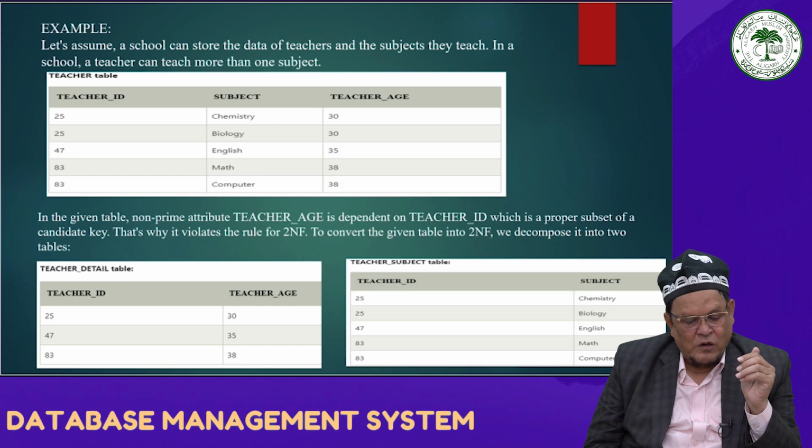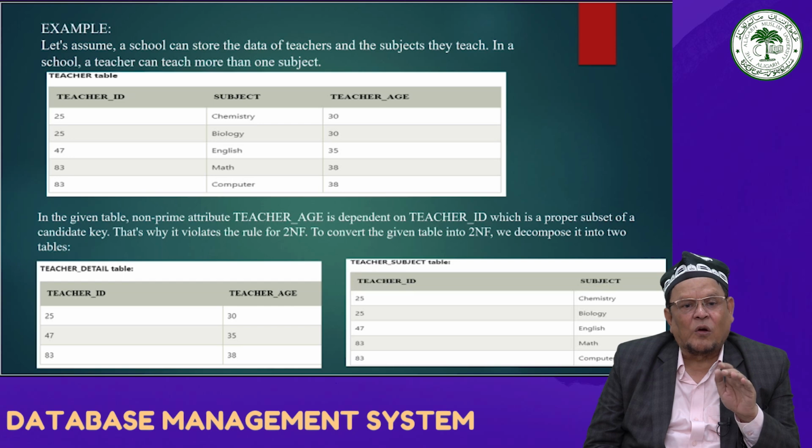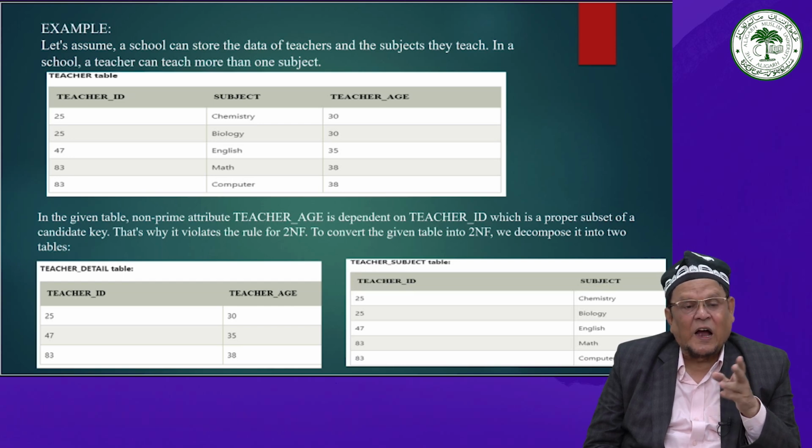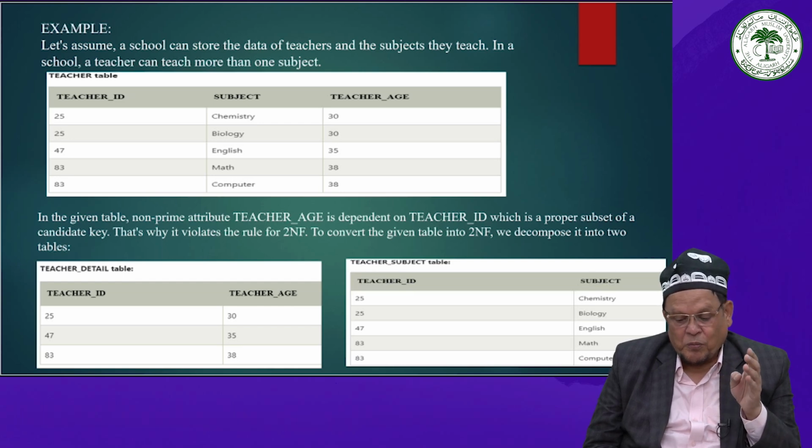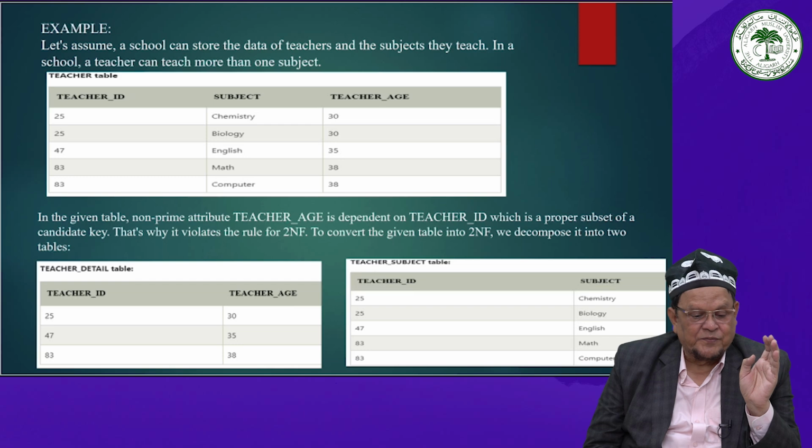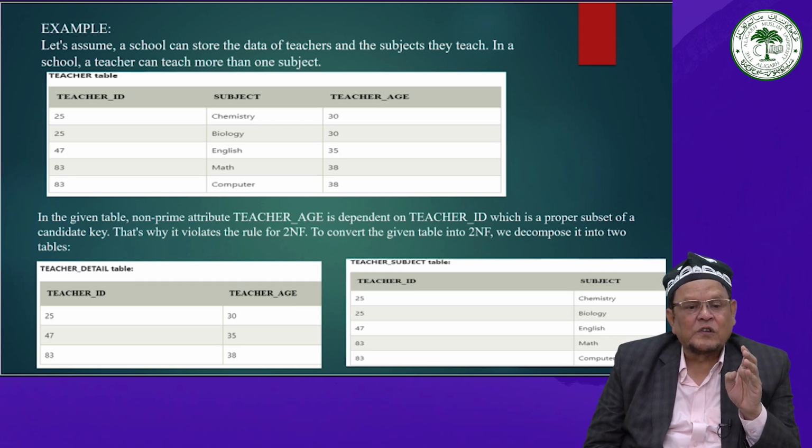In the given table, the non-prime attribute is teacher age. The teacher age is dependent on the teacher ID, which is a proper subset of the candidate key. That is why it violates the rule of second normal form.